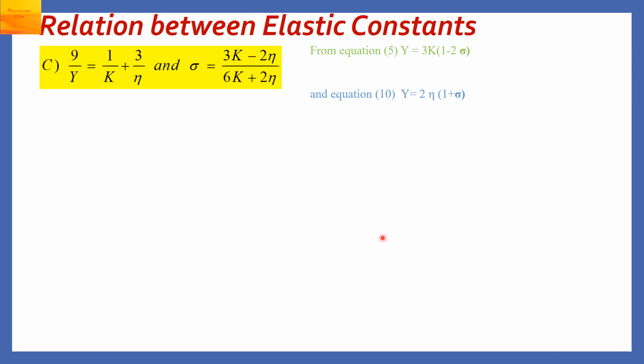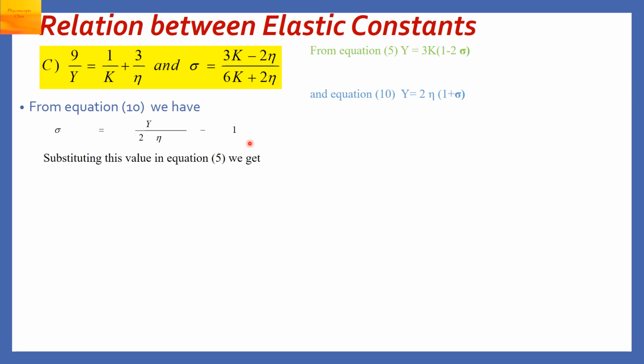Now we will derive these two formulas. We will use the equation 10 which we had derived in the earlier video, that is sigma is equal to Y by 2 eta minus 1. We will substitute this value in the equation 5 that also we had got in the earlier video.